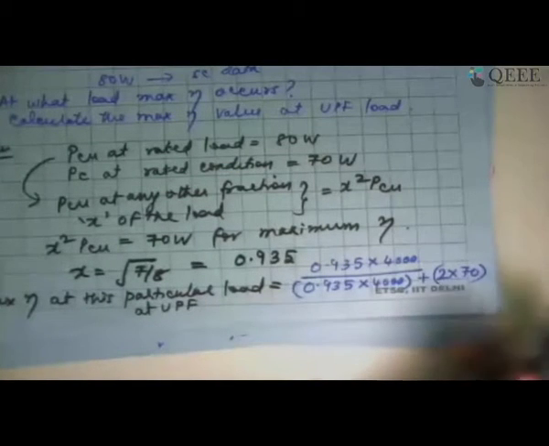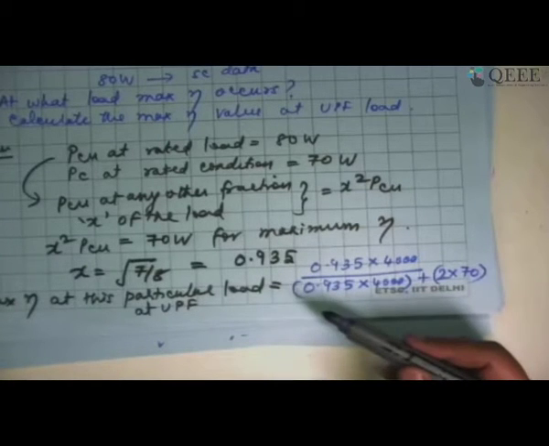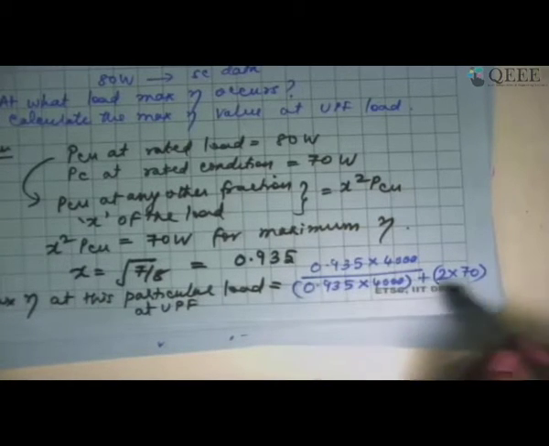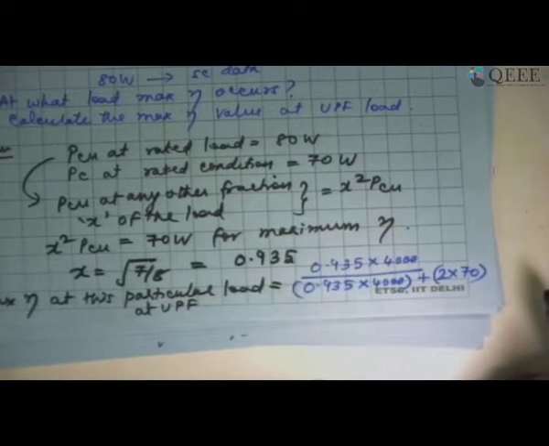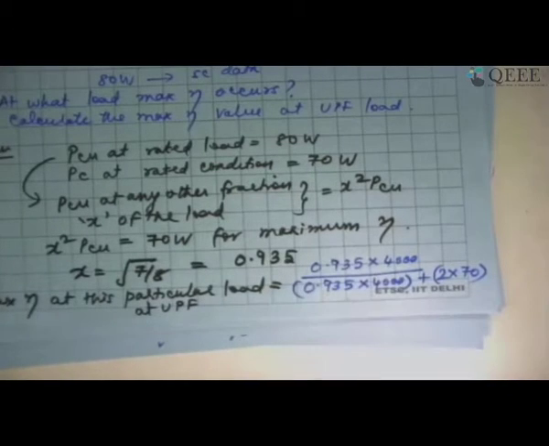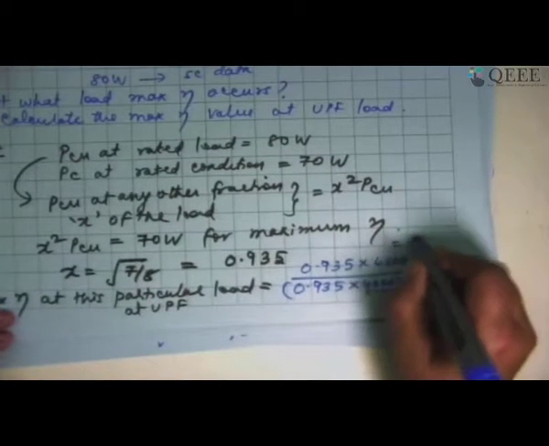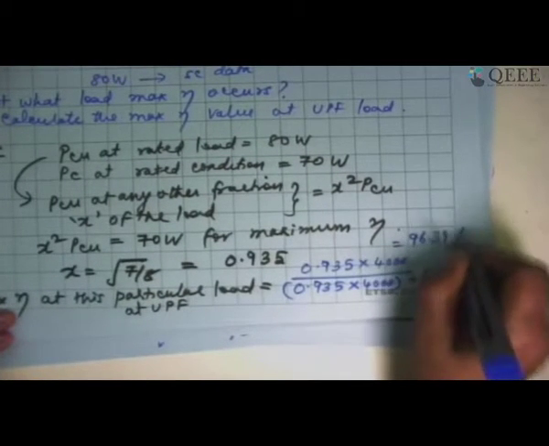Are you getting my point? Because 70 corresponds to copper loss, 70 also corresponds to core loss. So I have taken 2 multiplied by 70 as the overall losses that the transformer is incurring. How much is this value? 96.39%. That's what has been calculated.